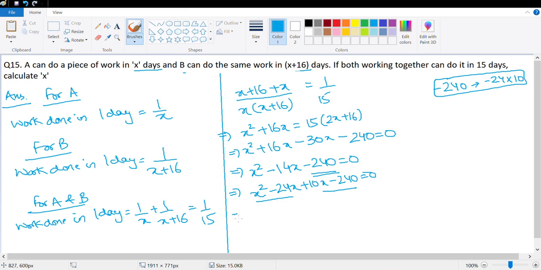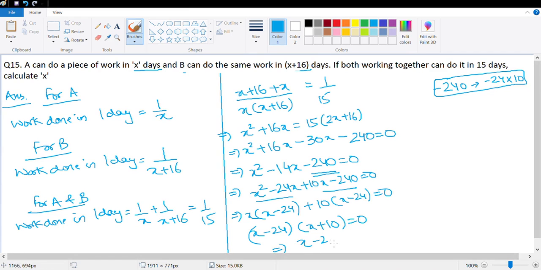Grouping it the way I have underlined, x times x minus 24 plus 10 times x minus 24 is equal to 0. X minus 24 times x plus 10 is equal to 0, which means x minus 24 is equal to 0 or x plus 10 is equal to 0.